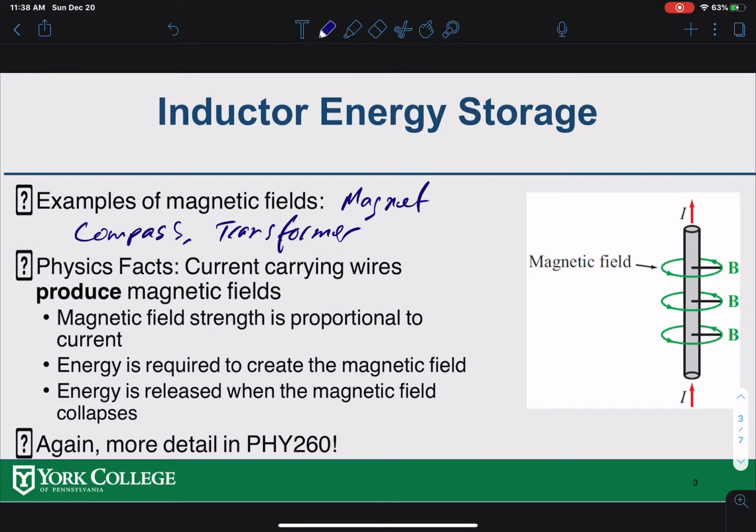As I said, it takes time to store energy in the magnetic field, and it also takes time to release the energy from it. It's not instantaneous. Again, we're going to learn this in Physics 260. The idea is that current creates a magnetic field when it goes through the wire, and that magnetic field stores energy. It takes time to store it, and it takes time to release it too.